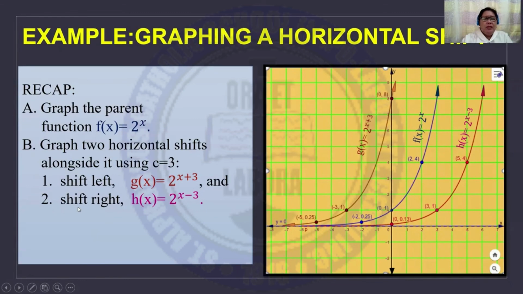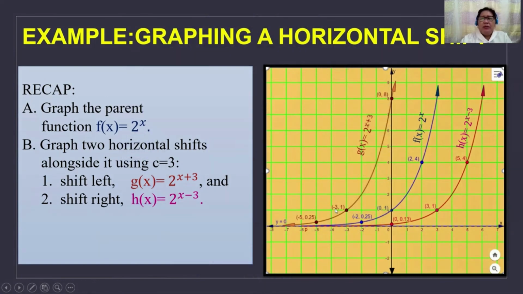And then shift right using the third function with exponent x minus 3. So this brown graph is the second function and this graph is the third function. So this is how to graph using a horizontal shift.